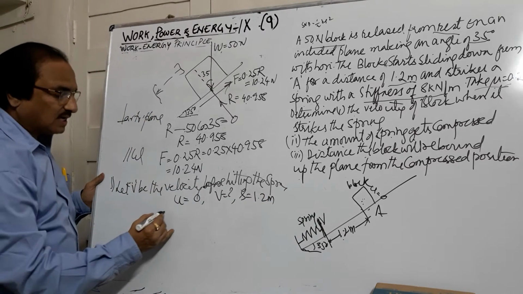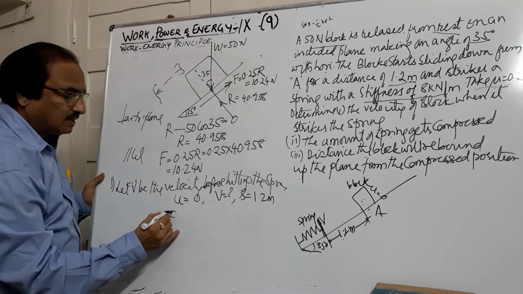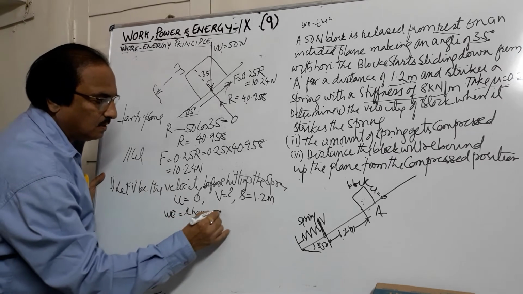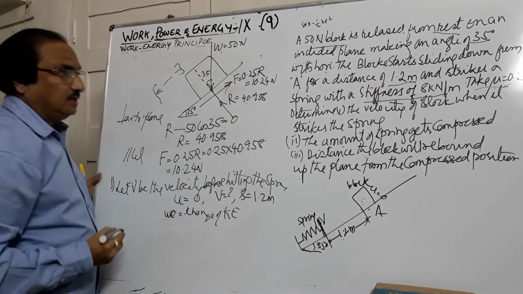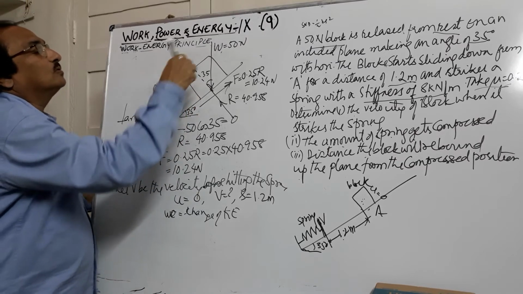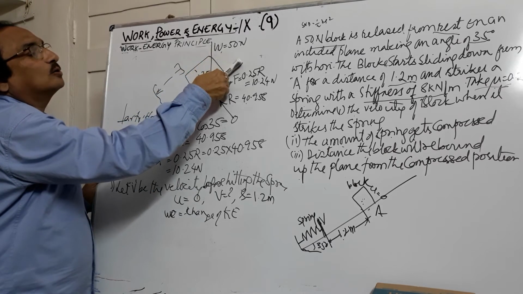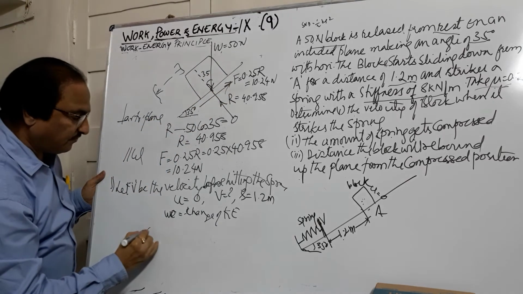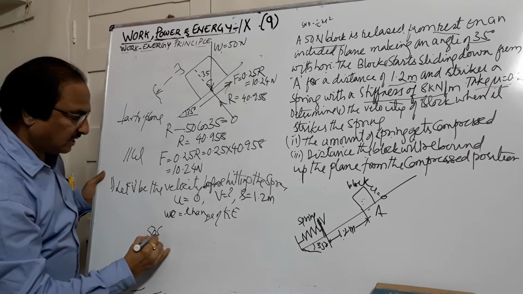So let us use the work energy principle. It states that work done is equal to change of kinetic energy. Now here the work done: it is moving down. So this W, if I take it parallel to the plane, the direction is down. So it will be 50 sine of 35.